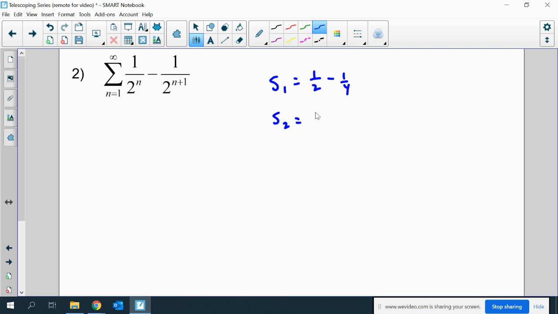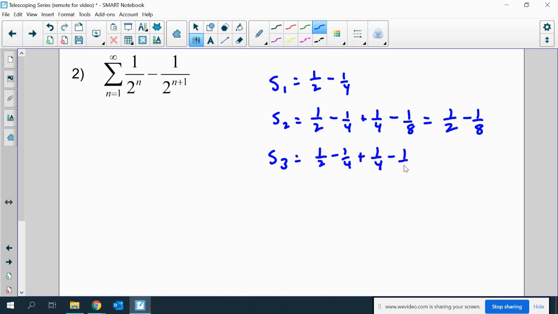So s sub 2 would be 1/2 minus 1/4 plus 1/4 minus 1/8. These would cancel off, and I would get 1/2 minus 1/8. S sub 3 is 1/2 minus 1/4 plus 1/4 minus 1/8 plus 1/8 minus 1/16. And notice that I would have 1/2 minus 1/16. All the middle things cancel off.